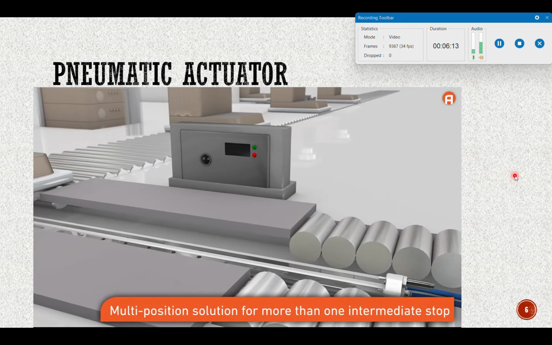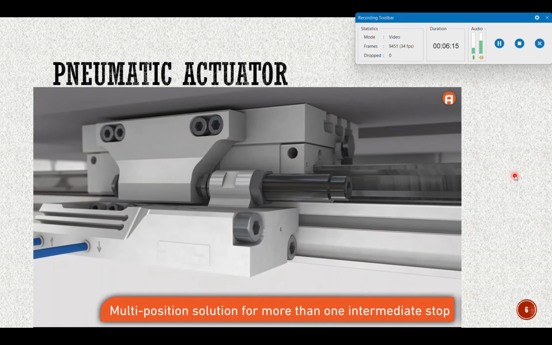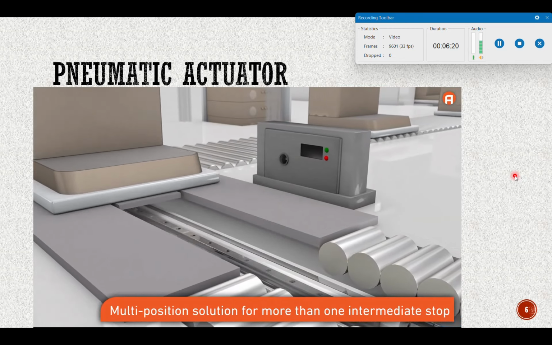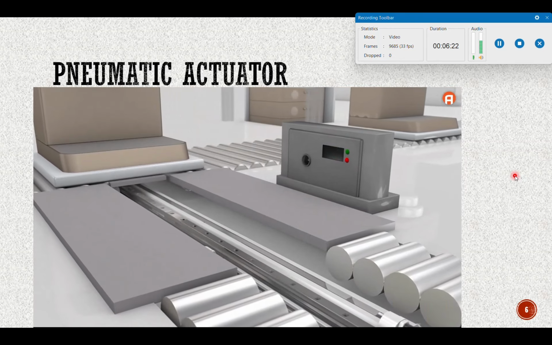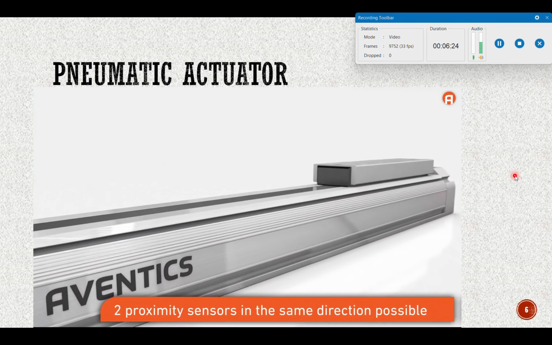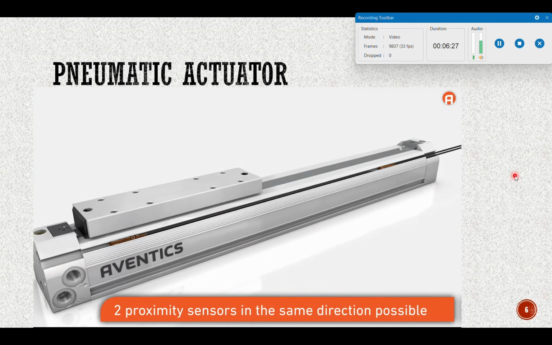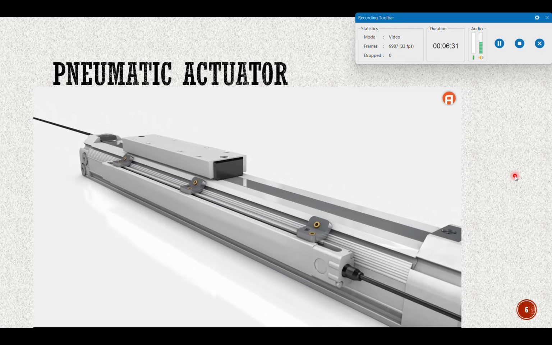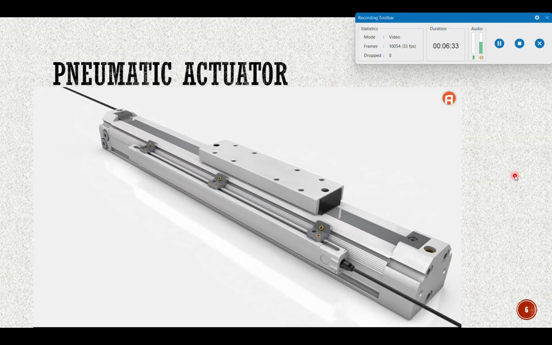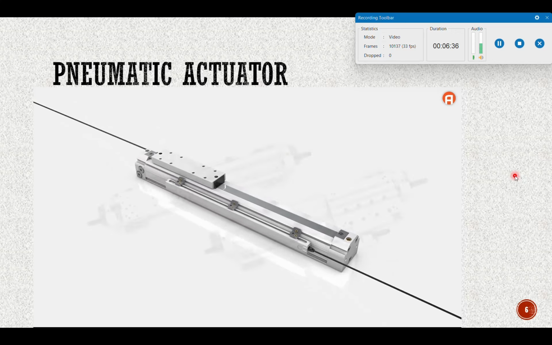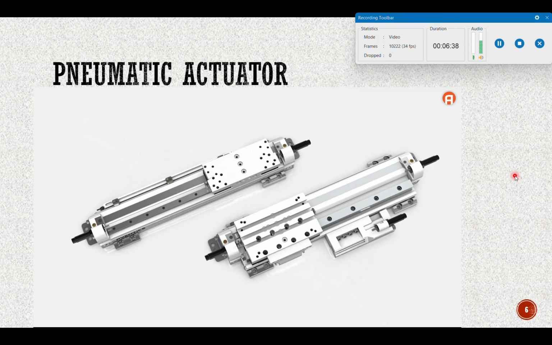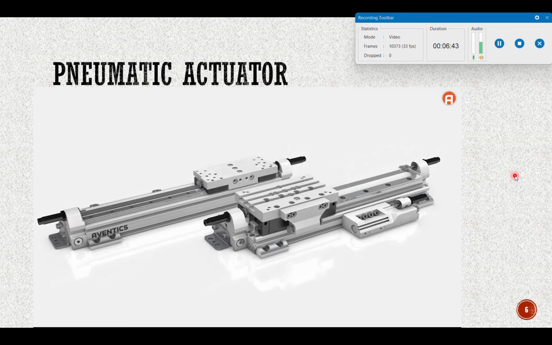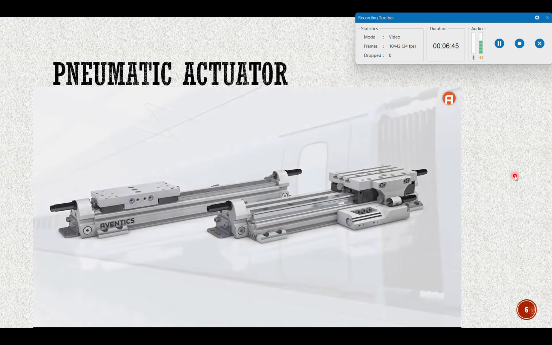The cylinder also features a pneumatically operated intermediate stop. After a stop, the cylinder can move on in the same direction or move backward to the original position. Two proximity sensors in the same direction are possible. Piston movements are recorded by the distance measuring sensor. This enables an exact query of the slide's position. The RTC rodless cylinder is also available with an ultra-precise rail guide as a compact guide version and as a heavy-duty version for high loads.